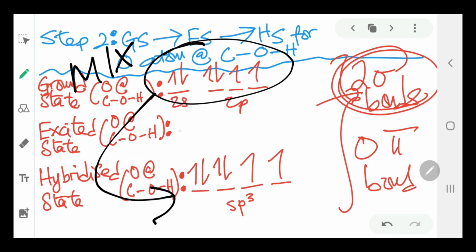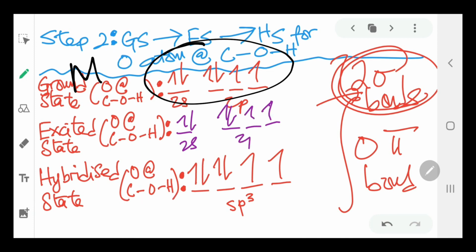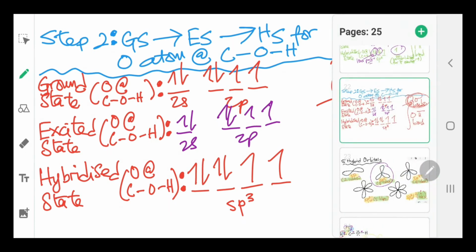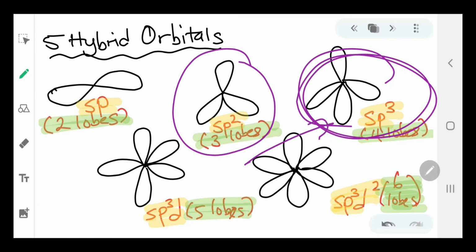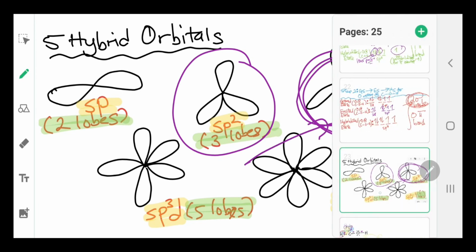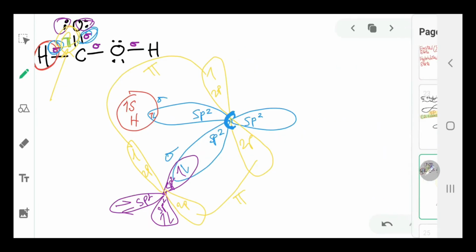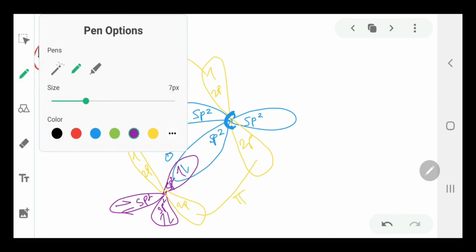And don't forget this, you just need to rewrite the same thing. So the shape of sp3 is like this. So that is the shape we're going to draw. Here, I'm going to use green.